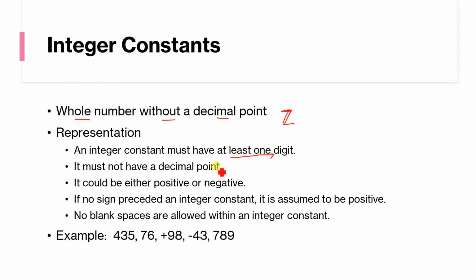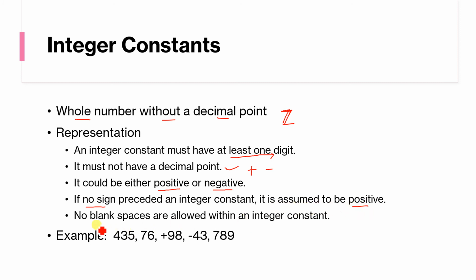It must not have a decimal point, as I have already told you, and it could be either positive or negative. If we do not specify any sign, that is, neither plus nor minus, then by default that number is assumed to be positive.